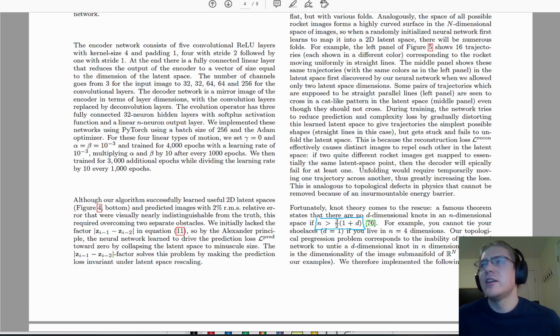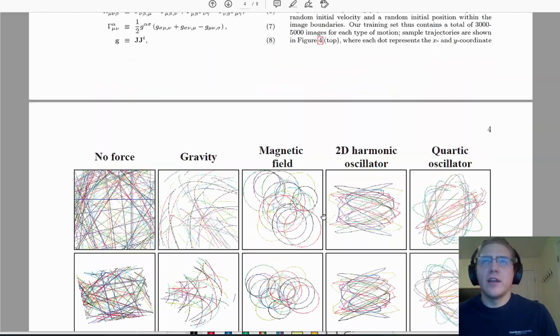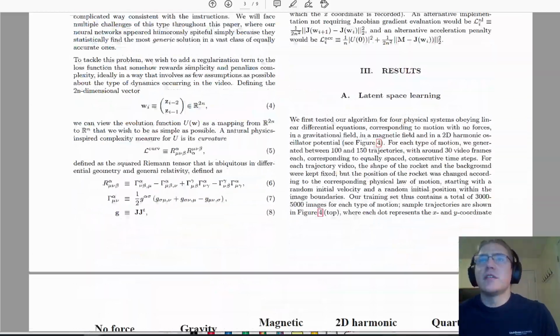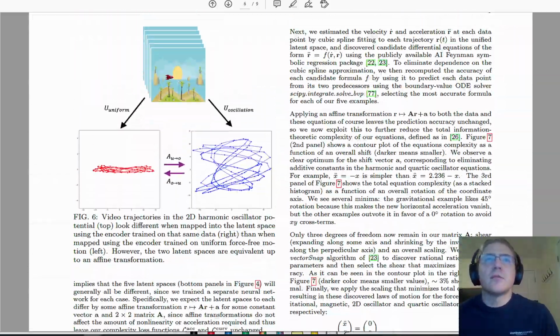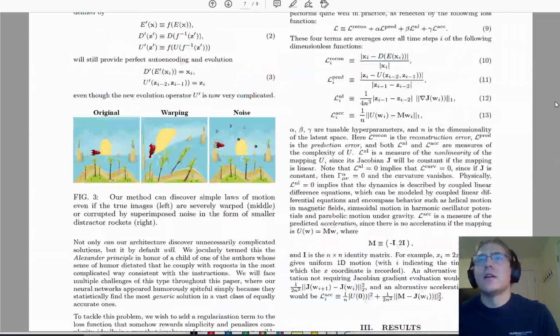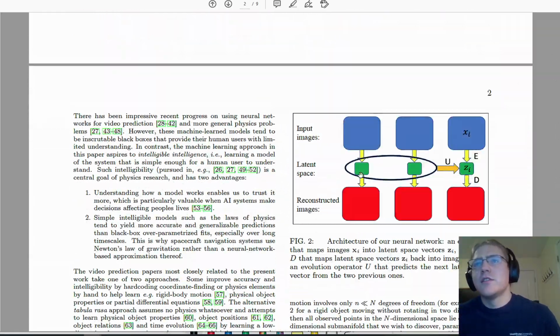So what they end up doing is they initially start with a latent space that is 5-dimensional. It's still going from a very high dimensional thing to an exceedingly low dimensional thing.